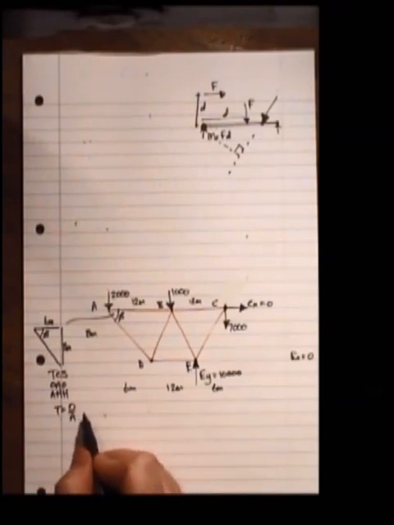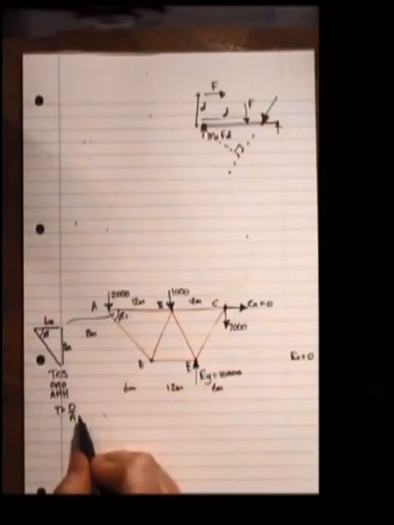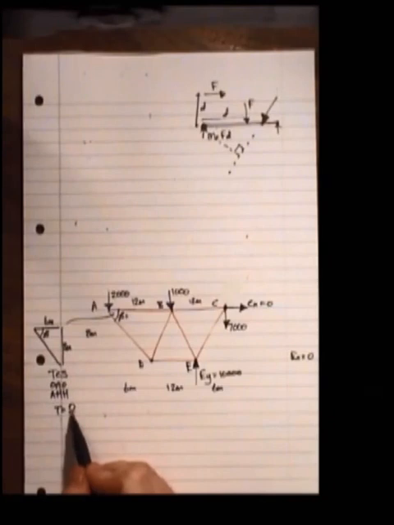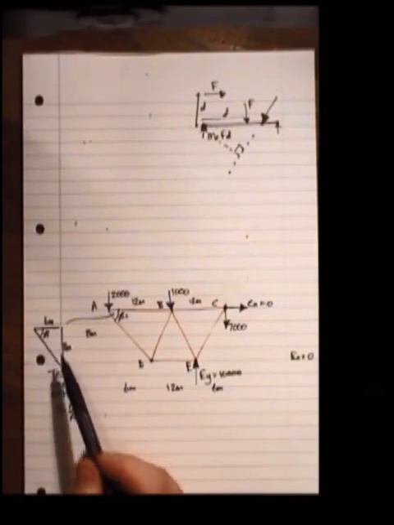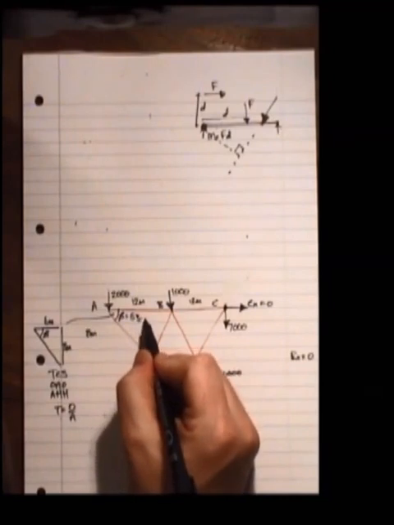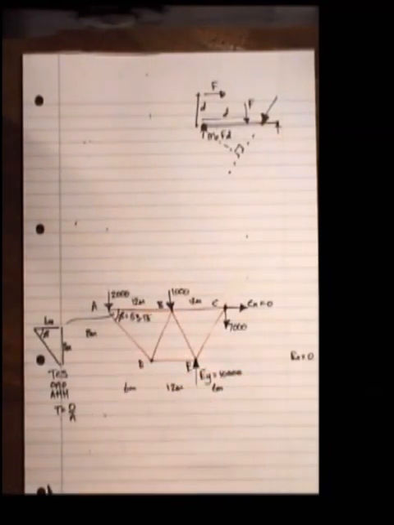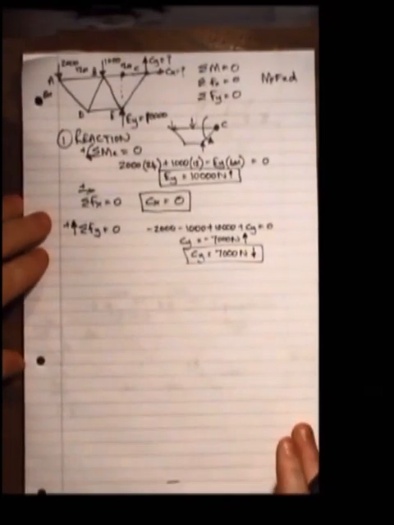And working with that, I work out that my beta, when you do your opposite 8 divided by adjacent 6, inverse tan it, you end up with 53.13 degrees. That's the angle there. So that's the only angle that I'm going to be working with to work out the members themselves.